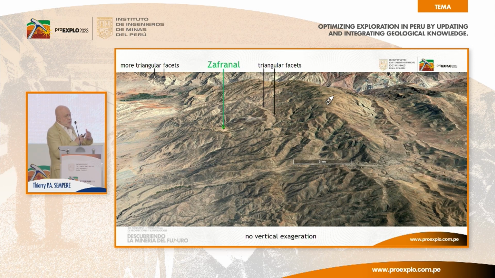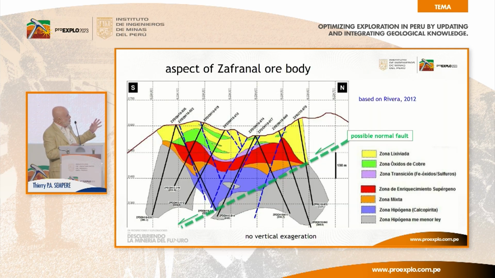This normal fault then goes below the Safranal deposit. And it is interesting because here we have north, south, and we don't have vertical exaggeration. And this is something that could explain the abrupt interruption of the mineralization that you can see in this image.